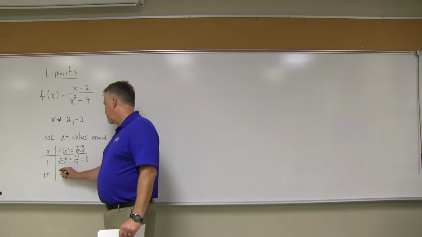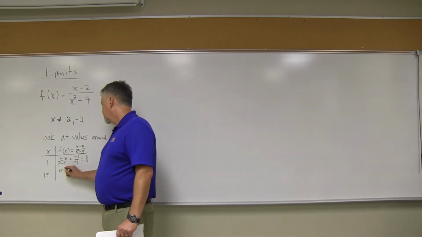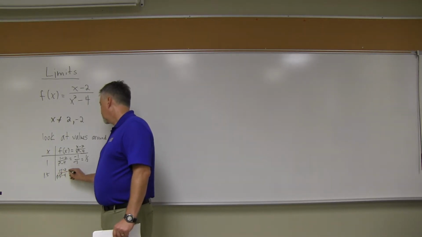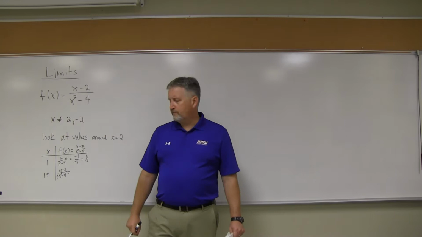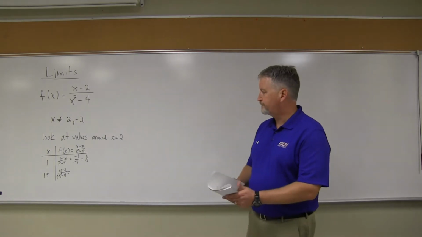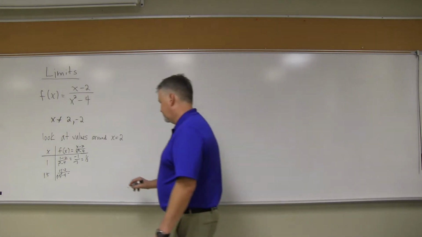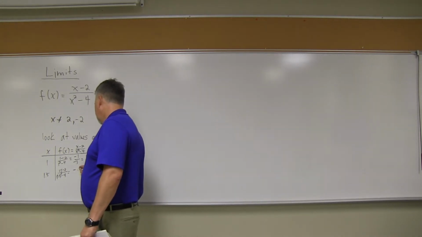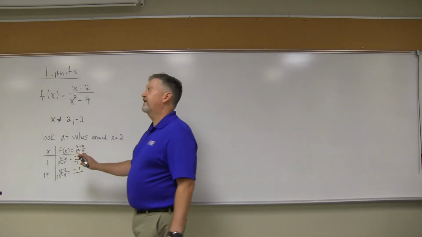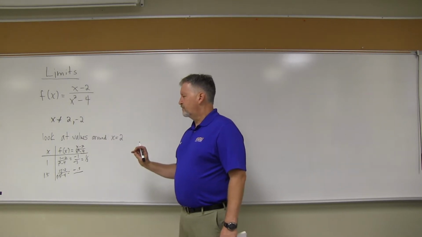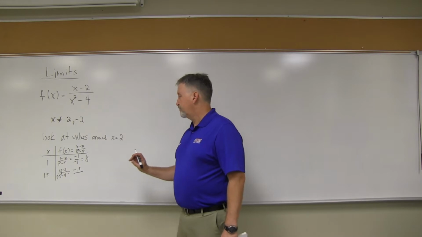What does that make the function value? Well, it'd be 1.5 minus 2 over 1.5 squared minus 4. What is that? -0.5 on top. Is it 2.25 minus 4? Somebody check me. Yeah, 1.75.